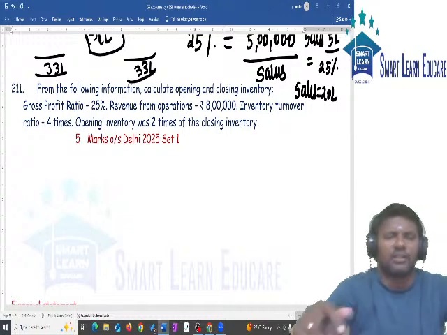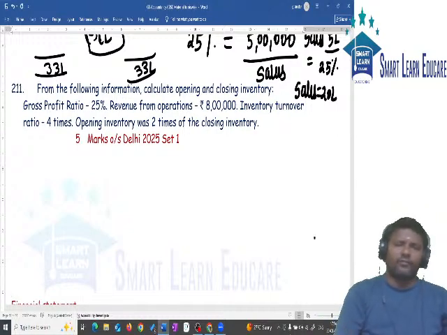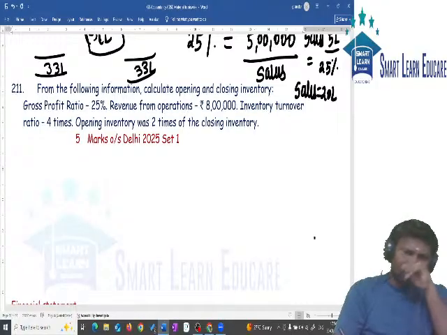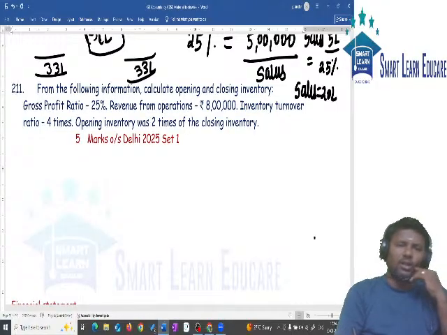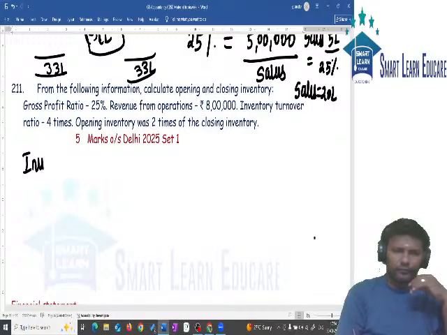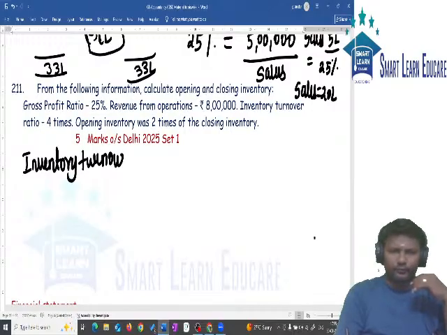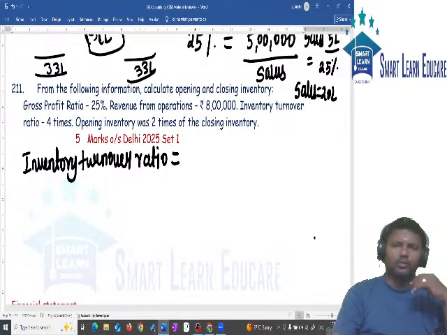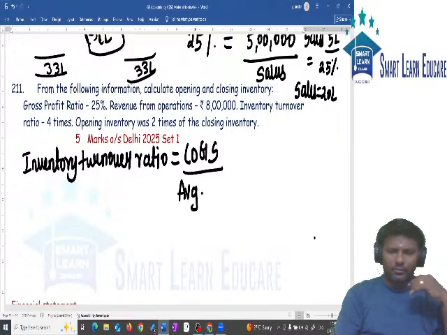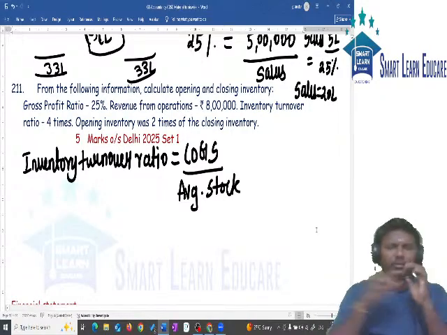I'm going to just tell the formulas. What is the formula for inventory turnover ratio? Inventory turnover ratio is equal to cost of goods sold divided by average stock.